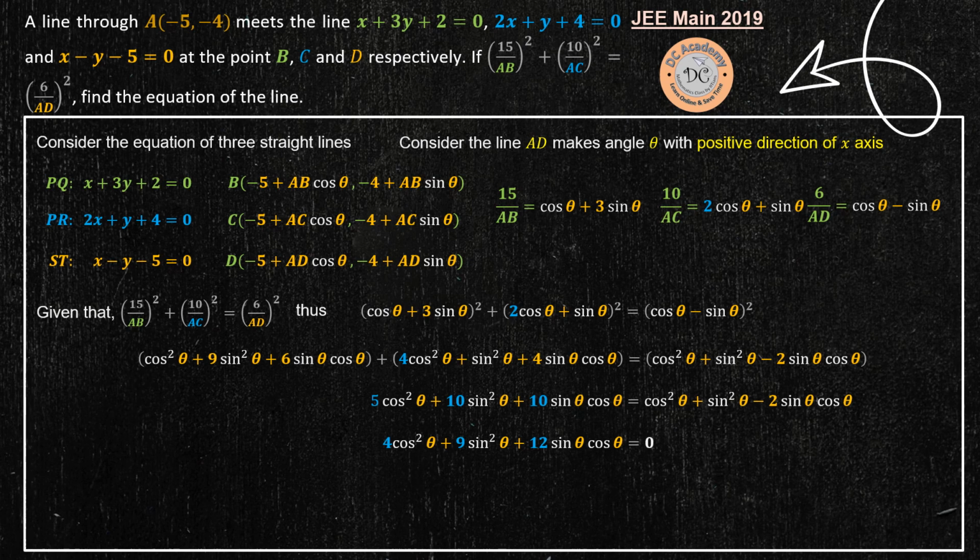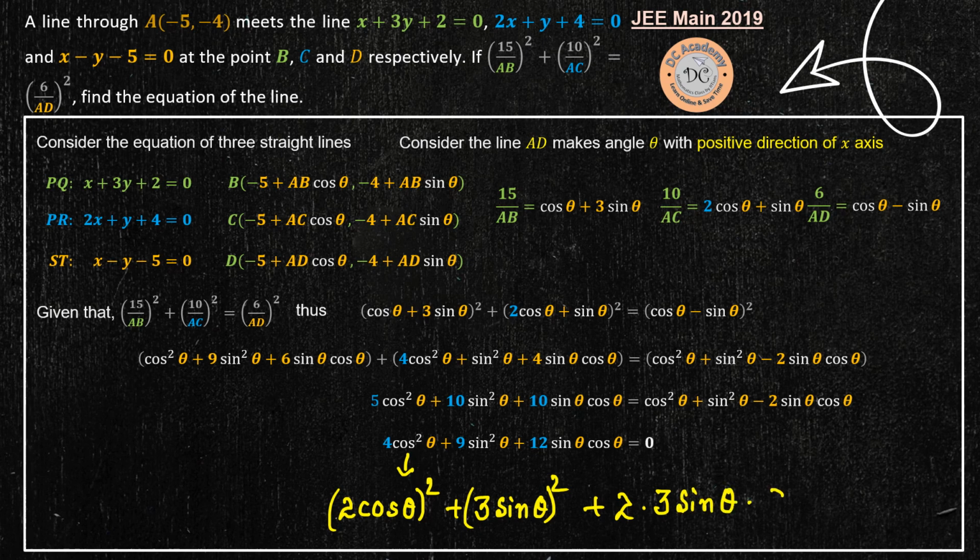So that's why here we observe that 4 cos² theta can be written as (2 cos theta) whole square plus (3 sin theta) whole square, and 12 sin theta cos theta will be 3 sin theta multiplied by 2 cos theta, and that's equal to 0.